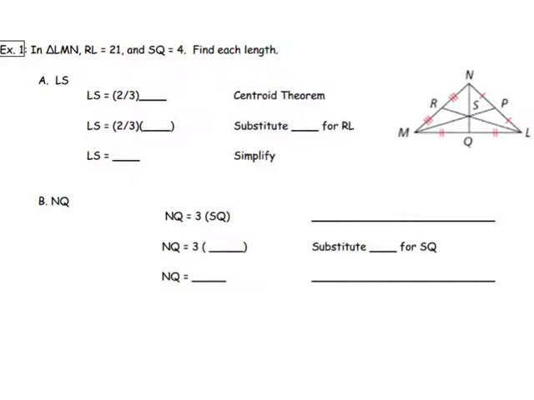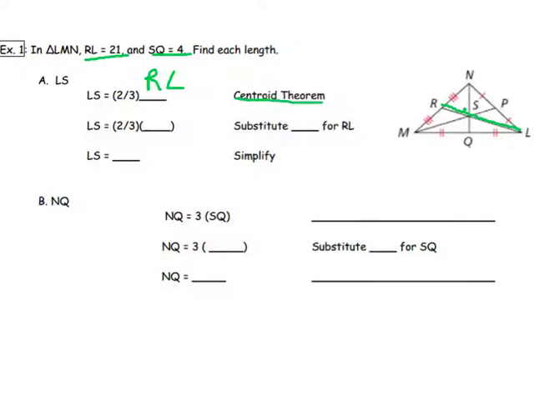Okay, here's our last example. In triangle LMN, RL, this whole thing, is 21, and SQ is 4. Let's look at part A. We want to find LS. Well, LS is 2/3 of RL. We know this from the centroid theorem.